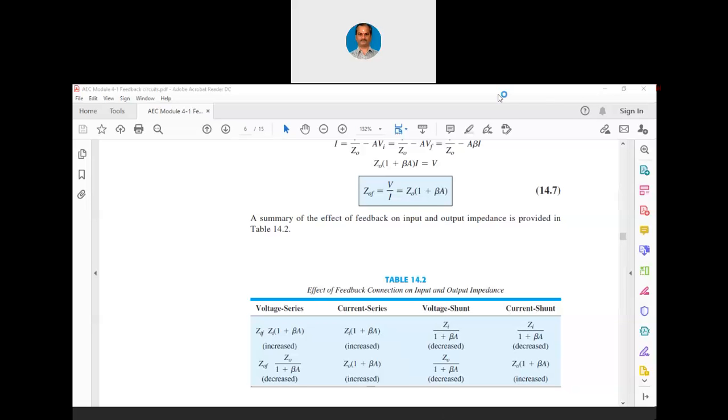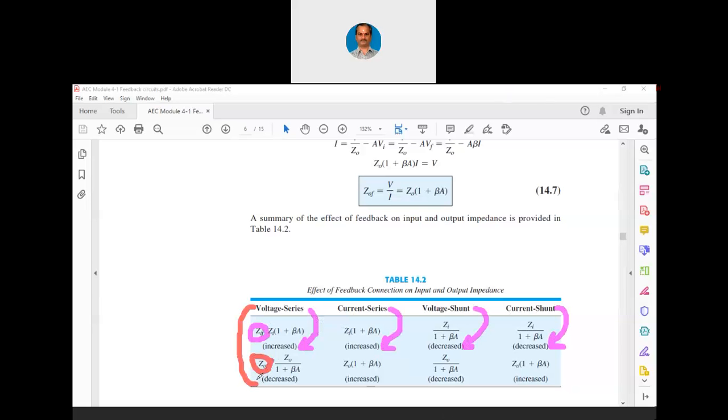Let me annotate to make it clear. See, series connection is going to increase. Series here is going to increase. Shunt connection is going to reduce. See, this is in case of input impedance. Now, let me change the color to show you the output impedance. Now, the output impedance, let us say I'll mark it like this.